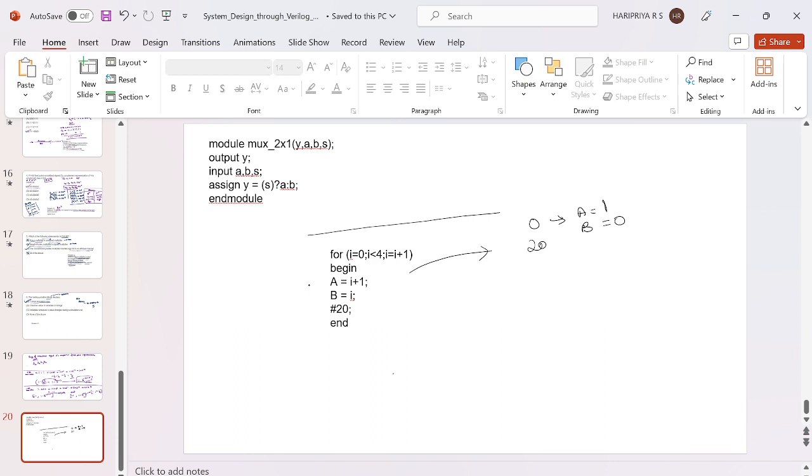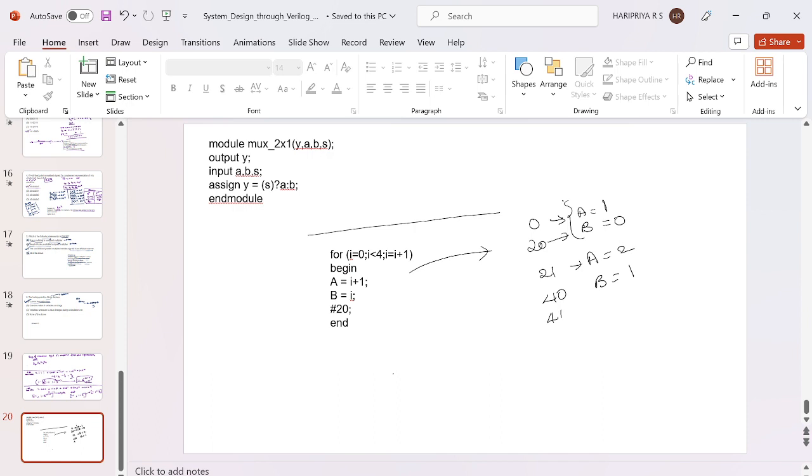Then it will become 20. Again, it will go inside this. From 21 till 40, you can say A is 2, B is 1.